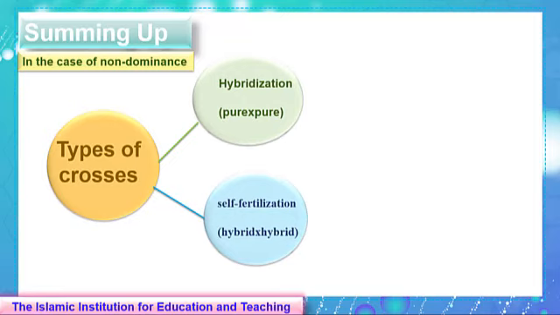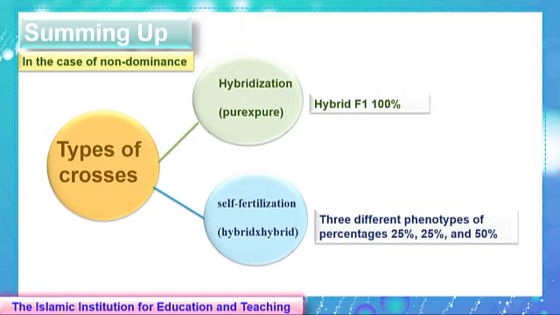To sum up, in the case of non-dominance, we have two types of crosses, hybridization and self-fertilization. Hybridization gives 100% hybrids F1, while self-fertilization gives three different phenotypes of the percentages 25%, 25%, and 50%.